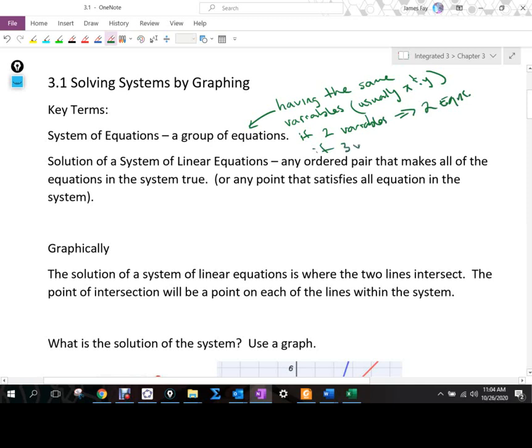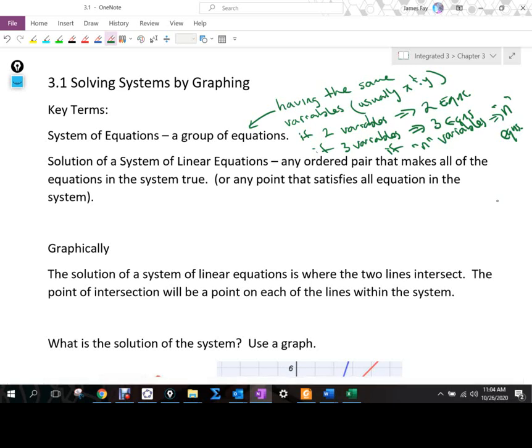If you have 3 variables, it will be 3 equations. If you have 4 variables, you'll have 4 equations. So usually what we write is that if we have n variables, that will yield n equations. EQN for equations.